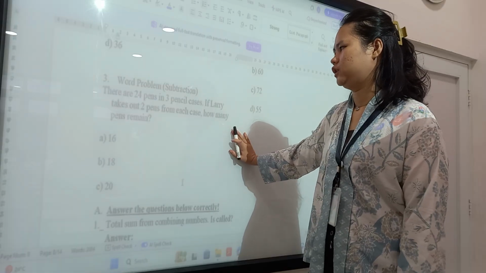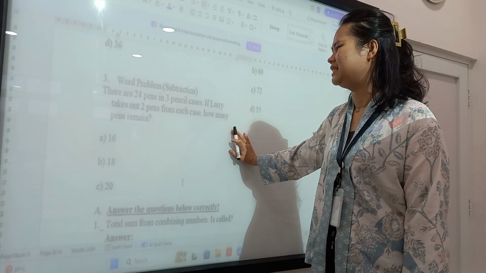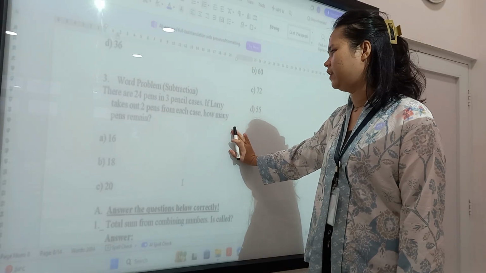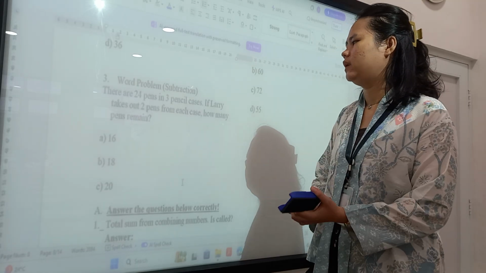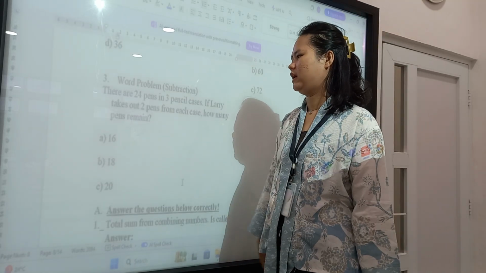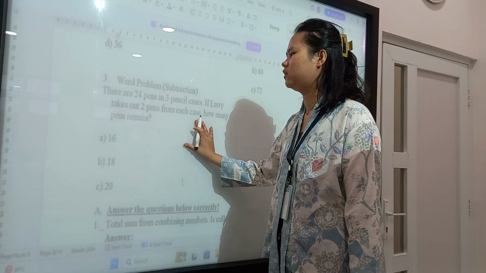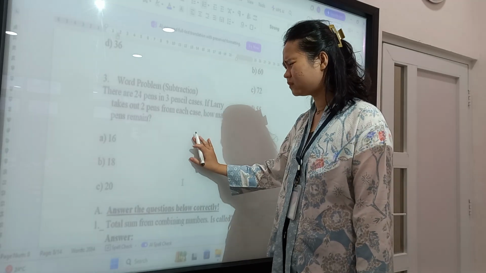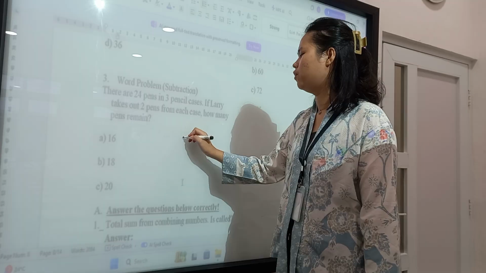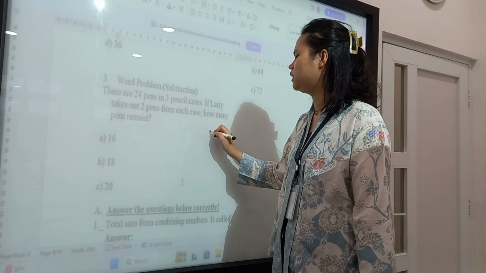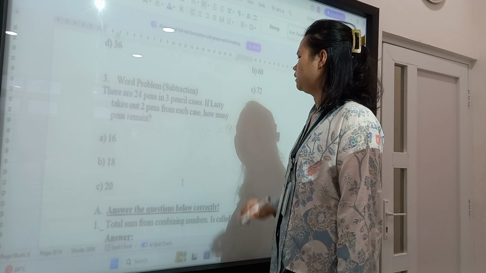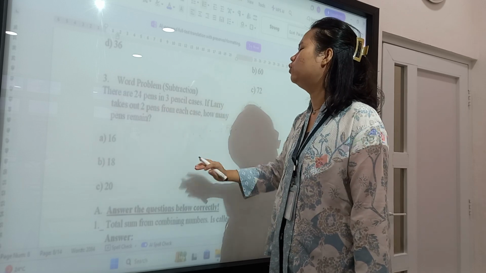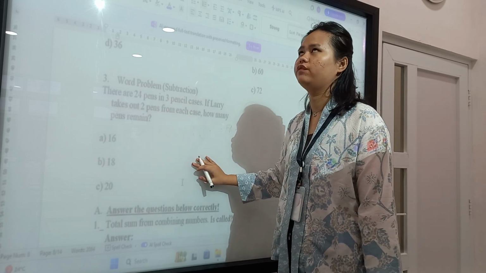Word problem subtraction. There are 24 pens in 3 pencil cases. If Larry takes out 2 pens from each case, how many pens remain? So later it will be 3 pencil cases, and all of them contain 24 pens. So 24 divided by 3 is equal to 8. After that, Larry takes 2 pens from each of the pencil cases.